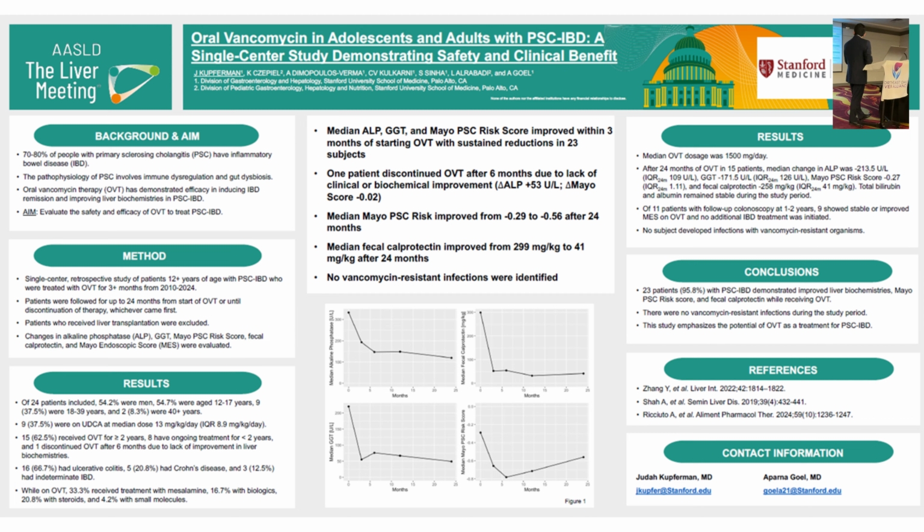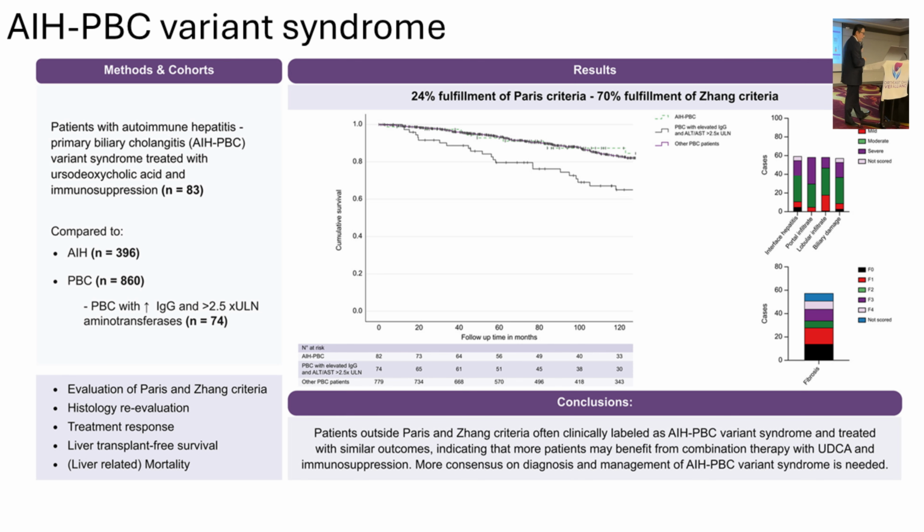It's a very small, single-center study of 24 patients, followed up to 2 years, who underwent vancomycin therapy for their IBD, and asked the question whether their PSC biochemistry gets better. Interestingly, their alkaline phosphatase and GGT all improved. So that tells us maybe there's a potential benefit in oral vancomycin, at least from this very small study.